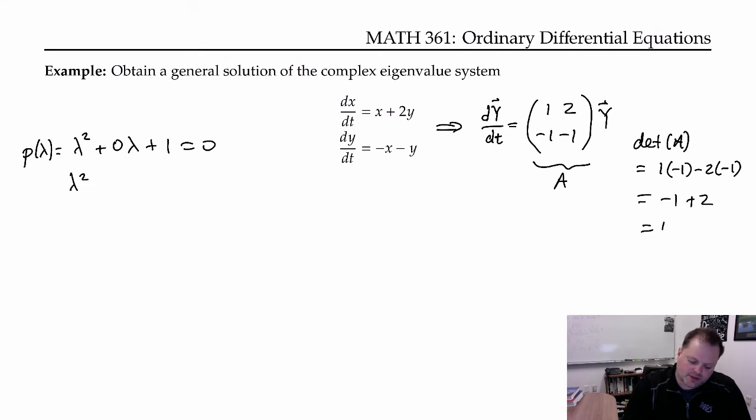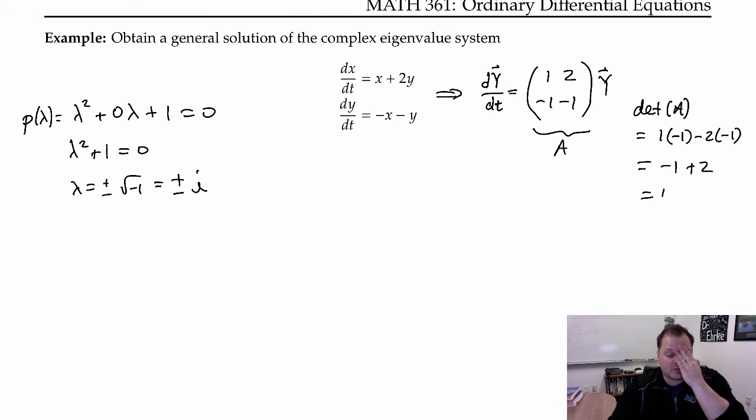So our characteristic equation is lambda squared plus 1 equals 0, which means lambda is plus or minus the square root of negative 1, and we know that is the number i. So we have two complex eigenvalues, plus and minus i.